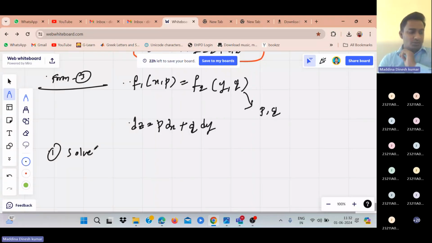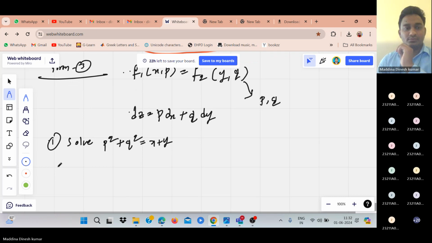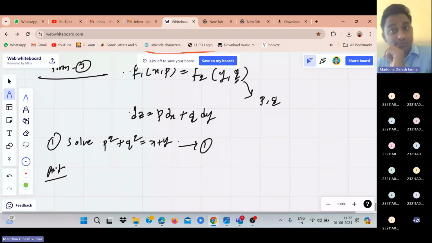Solve p square plus q square equal to x plus y. So here we may consider it as equation number 1. I'm going to transfer xp terms to the left hand side and yq terms to the right hand side.